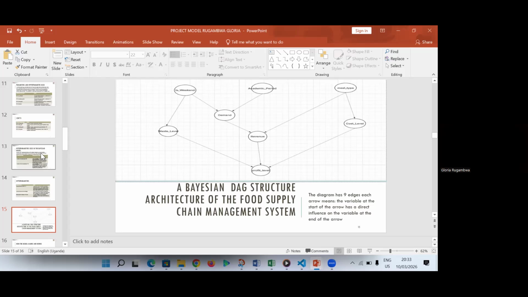In this diagram, from the analysis and computation, this was the structure we were able to obtain, and it shows that is weekend, meaning a day within the weekend period, affects the waste level and has an influence on the demand.